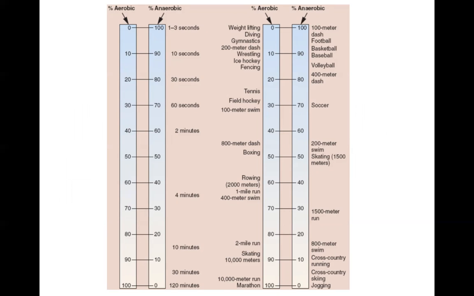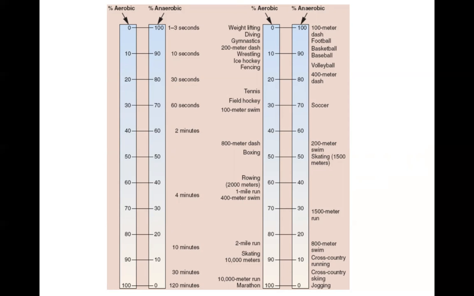It shows you kind of percentages aerobic versus anaerobic on the left there as far as time goes, versus on the right it gives you examples of different athletic events. Looking at time, that's kind of what we focused on. We said 1 to 3 seconds, 1 to 10 seconds, you're predominantly being anaerobic.